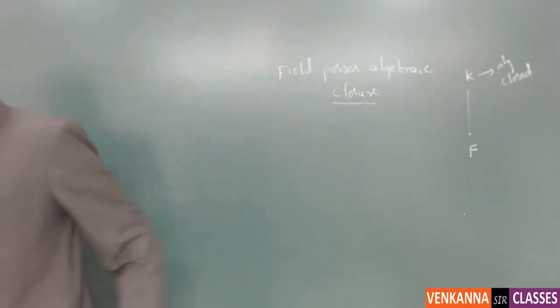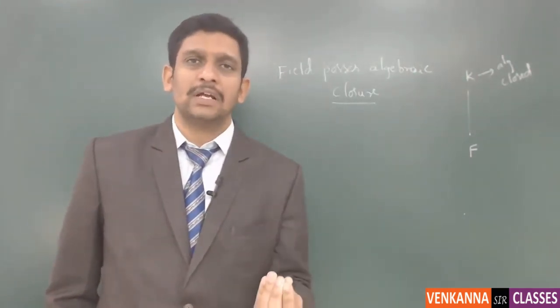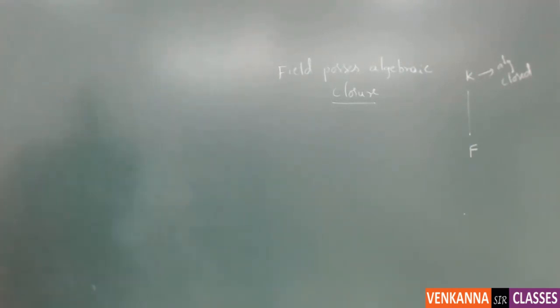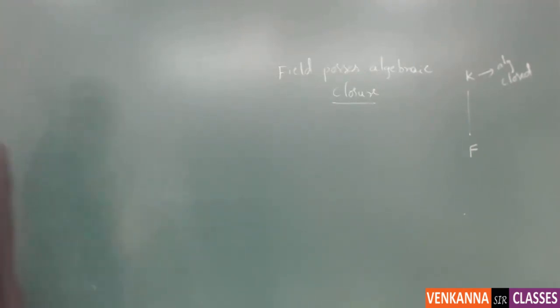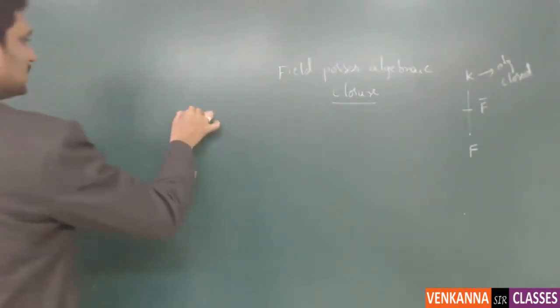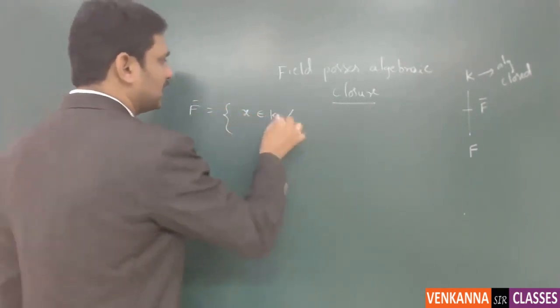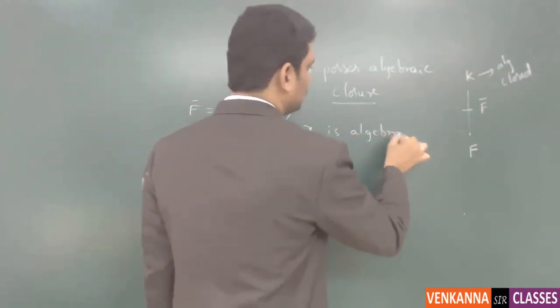So what does it mean? An extension which is algebraic and closed is called algebraic closure. So to prove this criterion, I will define a set between these two. Say I am giving the name F bar, and it is defined as F bar is equal to the set of all elements in the set K such that it is algebraic over F.